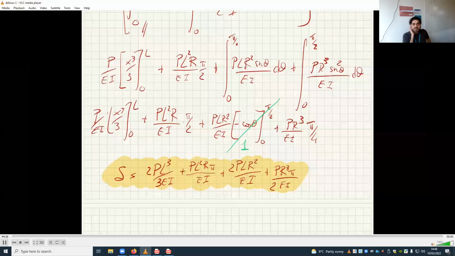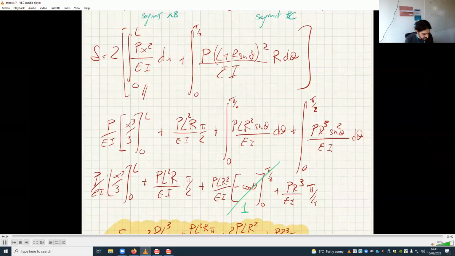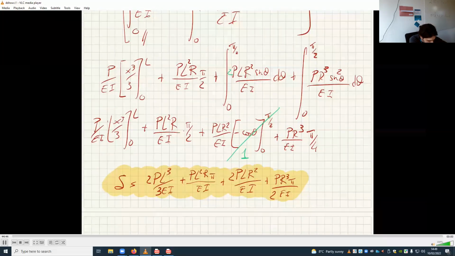When they expanded the brackets for the BC segment, why isn't there a 2LR sine theta? Oh, there should be a 2LR sine theta. Yes. So what I forgot, thank you, Efia. I think I screwed up one thing, and that is while I was doing this, I needed a 2 here. So overall, this is not 2 PLR squared, it becomes 4 PLR squared.